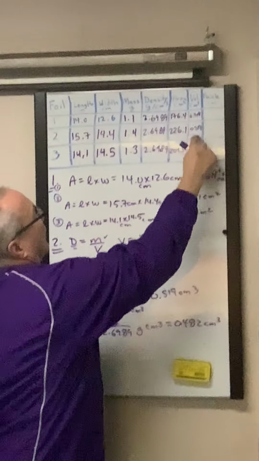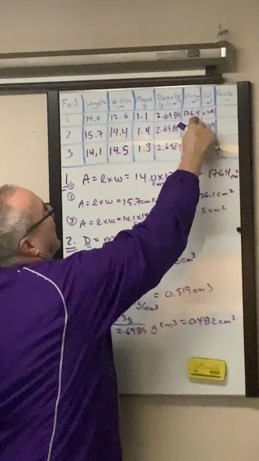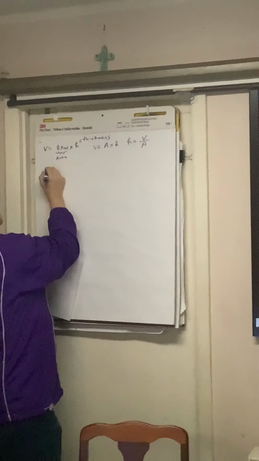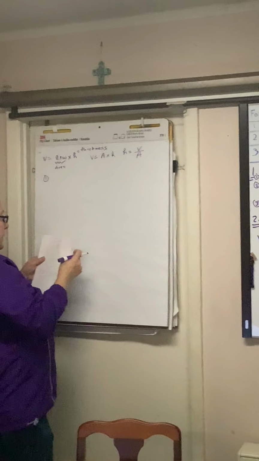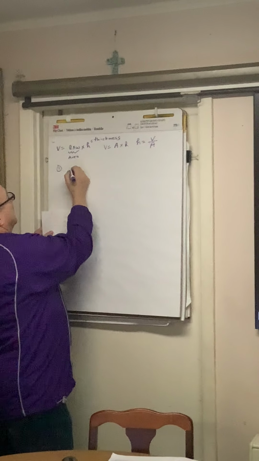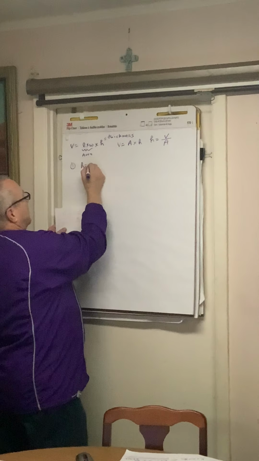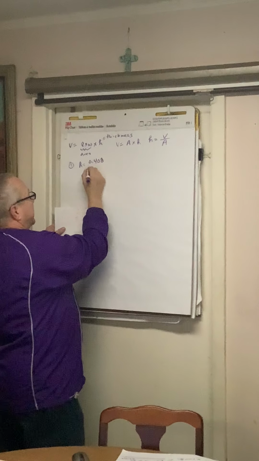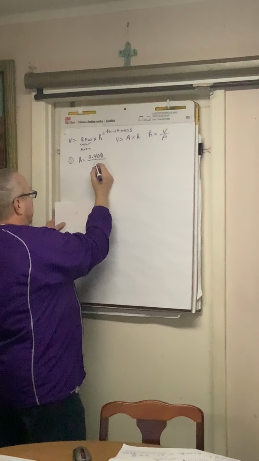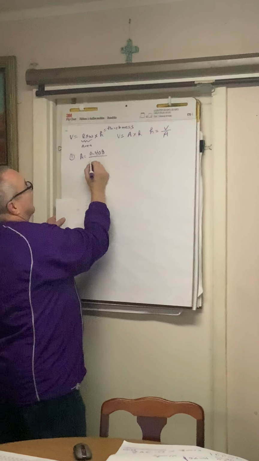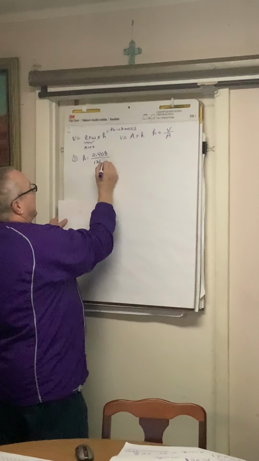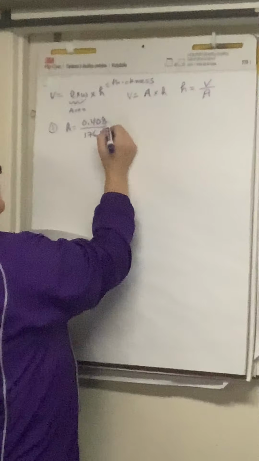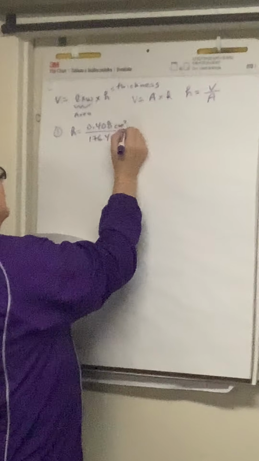If you do the math, for these three foils, height is equal to 0.41, or 0.408 if you left it in your calculator, divided by the area, which is 176.4 centimeters squared.